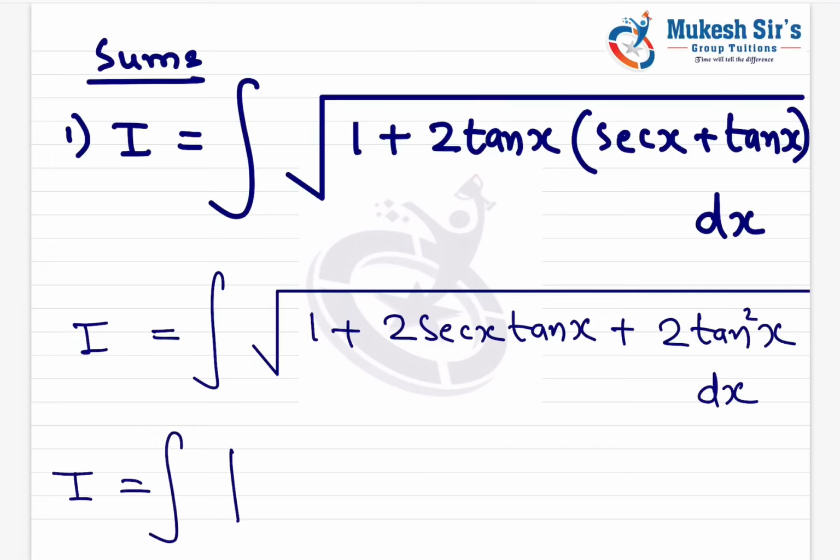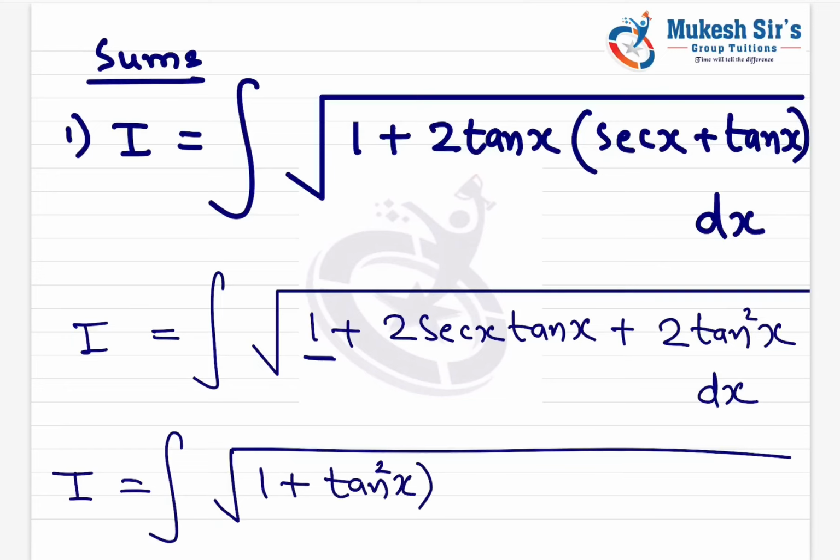So I can write this as integration of root of, now this 1 and here 2 tan square x is there. You can split this 2 tan square x as tan square x plus tan square x. So you write 1 plus tan square x, and one tan square x separately. So you can write 1 plus tan square x plus 2 sec x tan x plus 1 more tan square x dx.